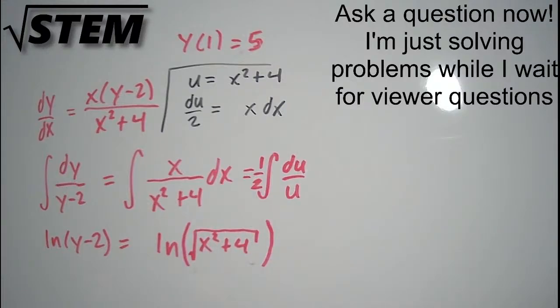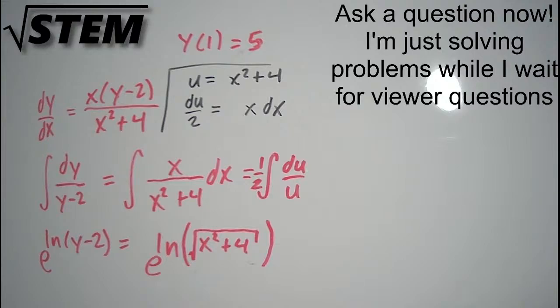So we're going to take that x squared plus 4 to the 1/2 power, or take the square root of it. Now, if we exponentiate both sides, the e and the natural log will cancel out for both of them, so we're just going to get y minus 2 equals this square root of some stuff.